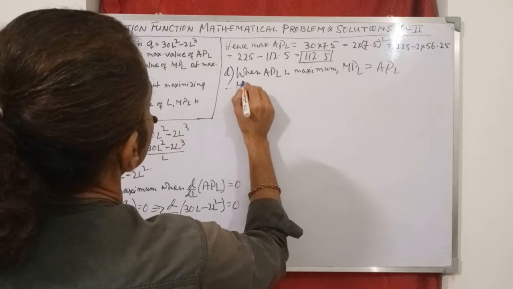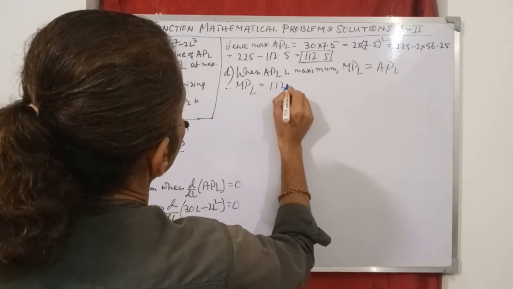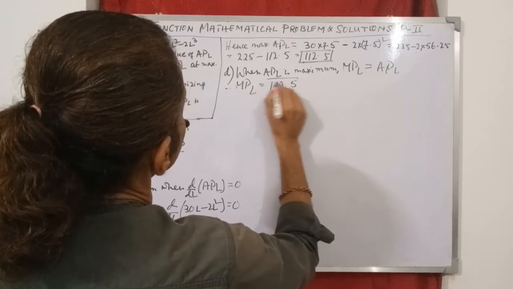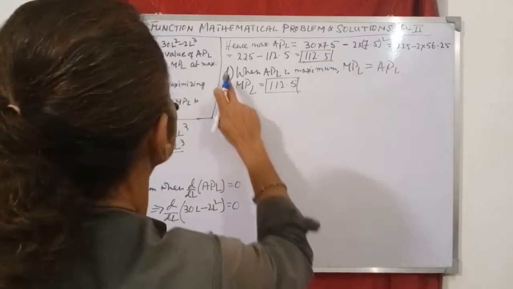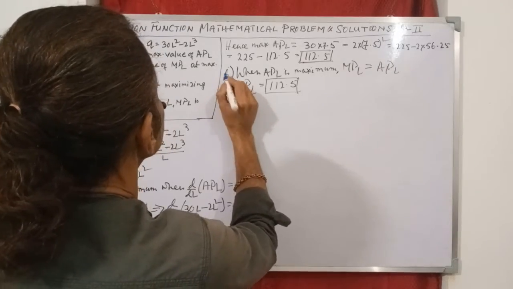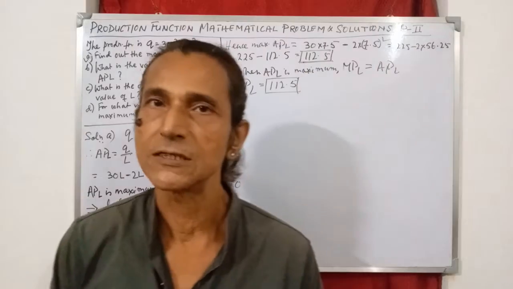Therefore, MPL equals 112.5. So part B is solved.